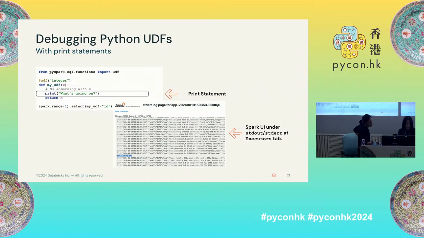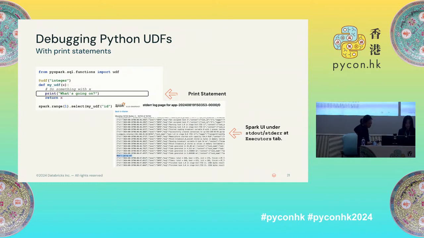So here is one simple way to debug your Python UDFs. You can add print statements in the UDF body to check the function's execution. When this UDF is executed, the print statement will not show up in the console or the Jupyter Notebook output or in the driver log. Instead, the print statement will appear in the executor logs, where you can find them in the Spark UI.